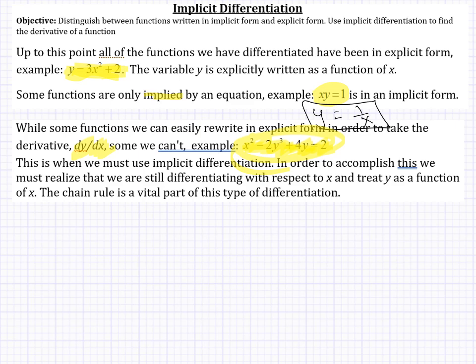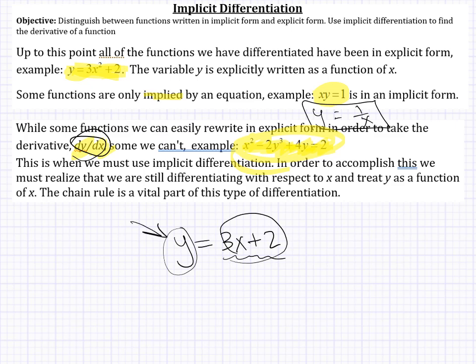Now, when we have the y equals, or the explicit form, so say y equals 3x plus 2, we can take the derivative and find dy dx very easily by taking the derivative of both sides of the equation. Primarily, we focus on the right-hand side, but we really are taking the derivative of both sides. When you take the derivative of the left-hand side of the equation, you're taking the derivative of y with respect to x.